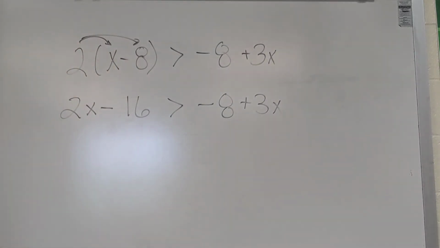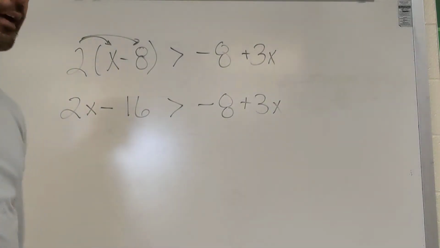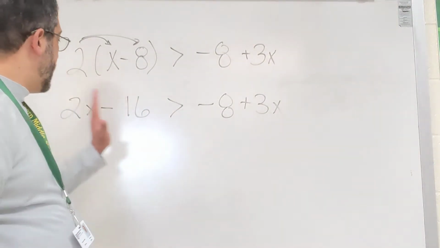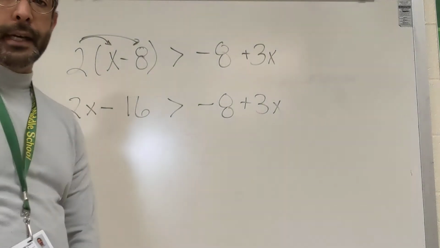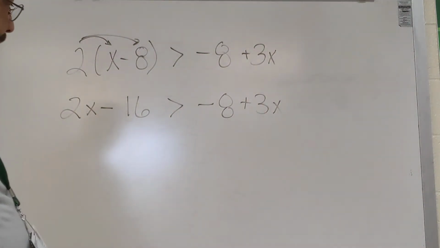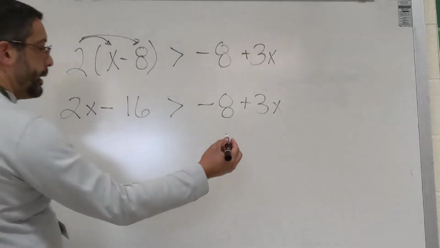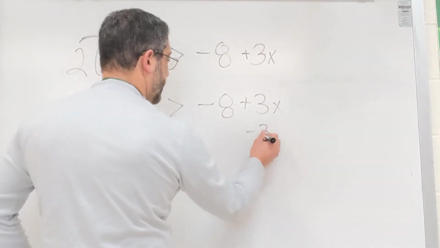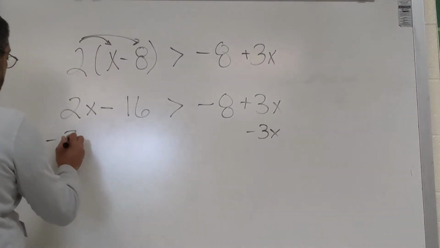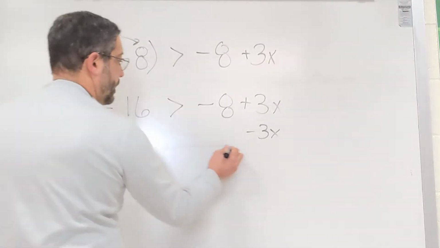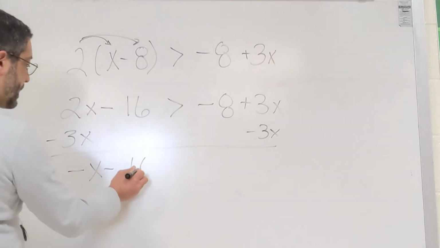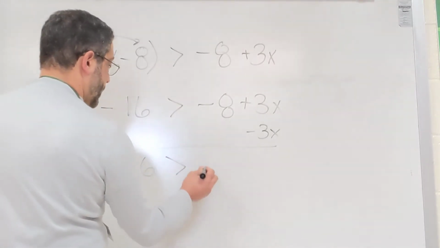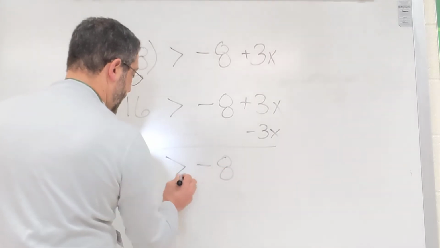Okay? Now, if you notice here, I know that I've taught you, you normally want to keep your variable over here on the left-hand side of your equation. So, when I do that, I subtract 3x from both sides. And that gives me negative x minus 16 is greater than negative 8.